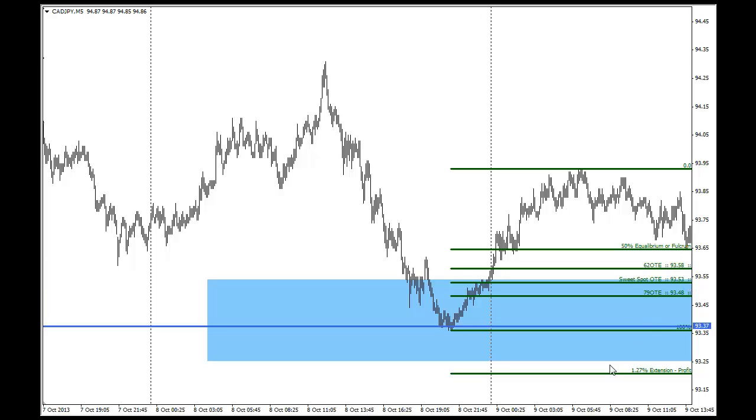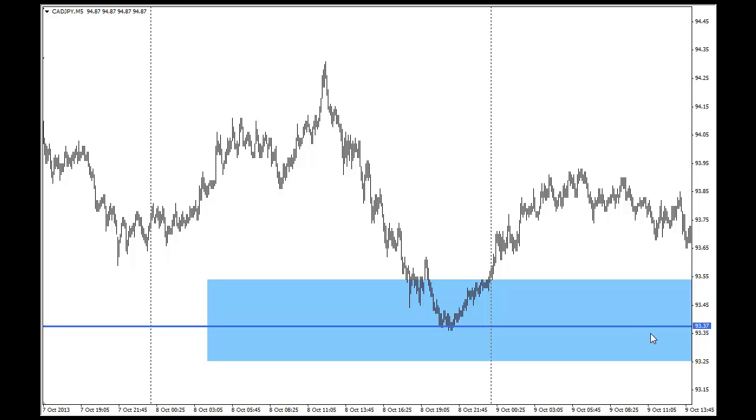Okay, but draw your attention back to that 4-hour order block. Okay, this level here is 93.37. Okay, 93.37. Where is that in terms of institutional levels and big figures and mid figures? Okay, notice that we have the mid figure up here.